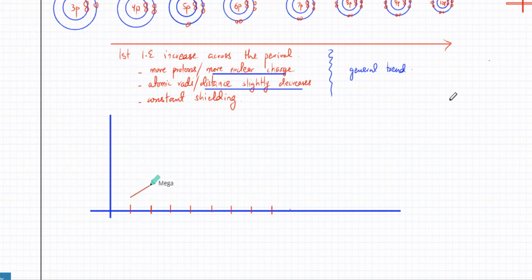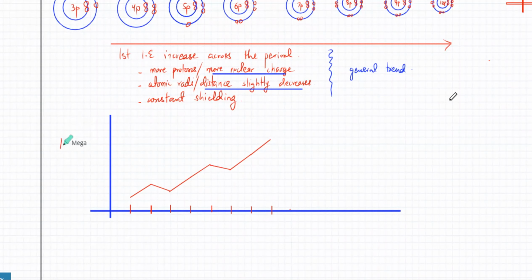It's going to increase, and then there's going to be a dip at group 13. Then it will continue to increase. This is group 14, then 15, and then there's going to be another dip at group 16. And then there's going to be group 17, and then another increase till group 18.